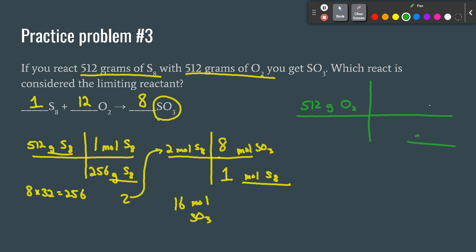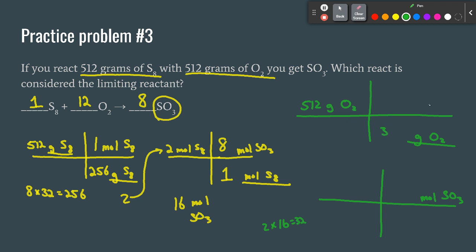Down here will be grams of O2. In our second T-chart, we're solving for moles of SO3. We're going to use the mass of O2 found off the periodic table. So oxygen weighs 16. There are 2 of them. 16 times 2 is 32.